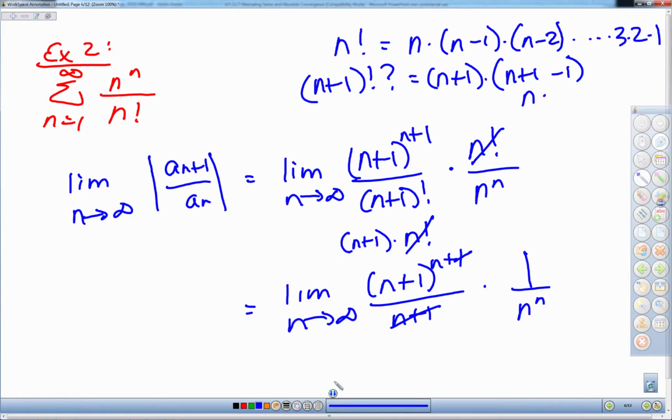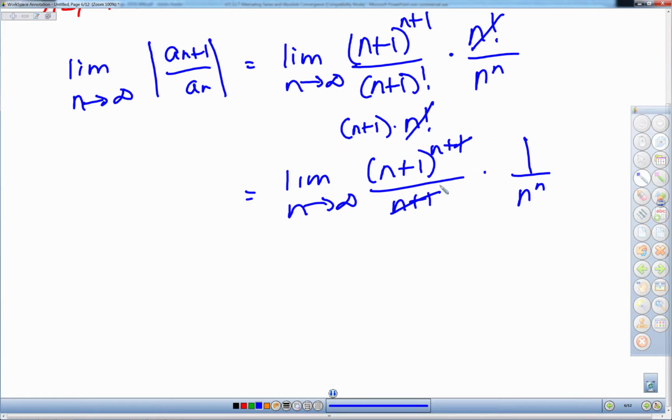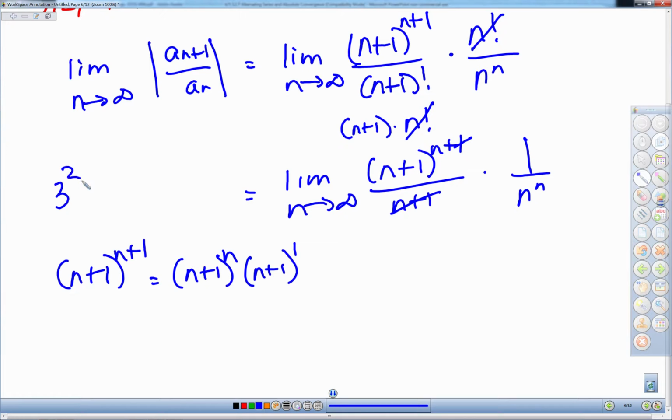Now, again, your algebra skills have to be absolutely on point to see this. We're not canceling n plus 1 with the n plus 1. What we've got here is n plus 1 to the n plus 1 power is the same thing as n plus 1 to the nth times n plus 1 to the 1. And when you combine those, it's just like this: 3 squared times 3 to the 4th is 3 to the 2 plus 4, which is 3 to the 6th. That's Algebra 101 right there.